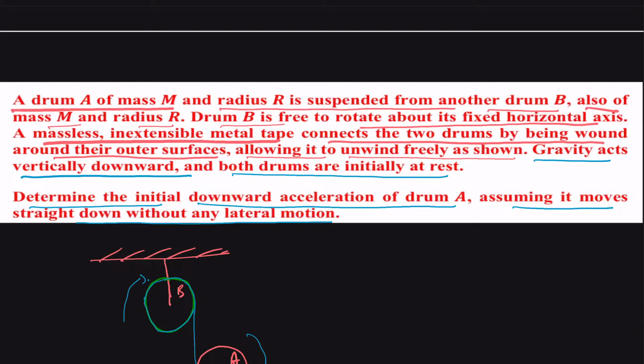Also this drum B is freely rotating about the horizontal axis. The tape connects the two drums by being wound around their outer surfaces. Okay. So B will be fixed and A will be moving in the downward direction. Because B is fixed, only A is moving.